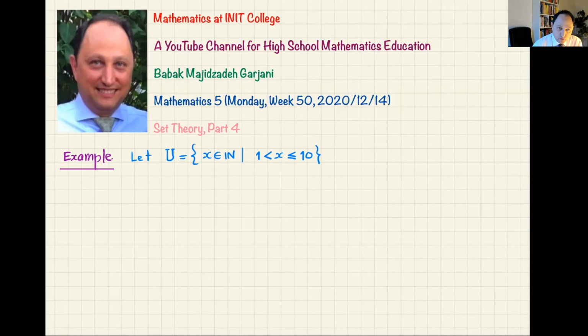So whenever I use U, I mean the universal set. Let U be this and A be equal to {2, 7, 9, 10}.